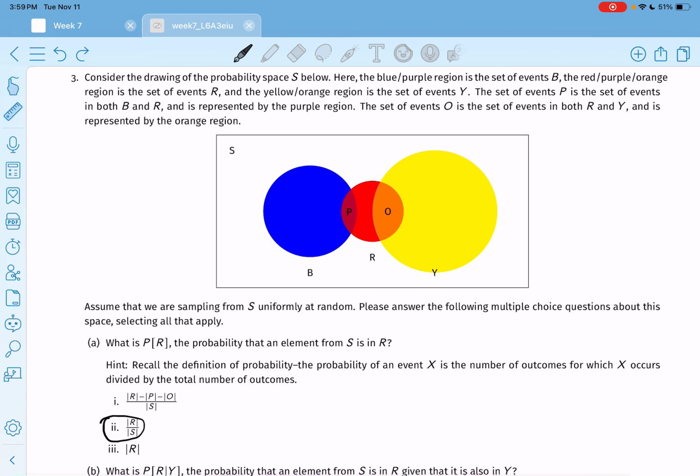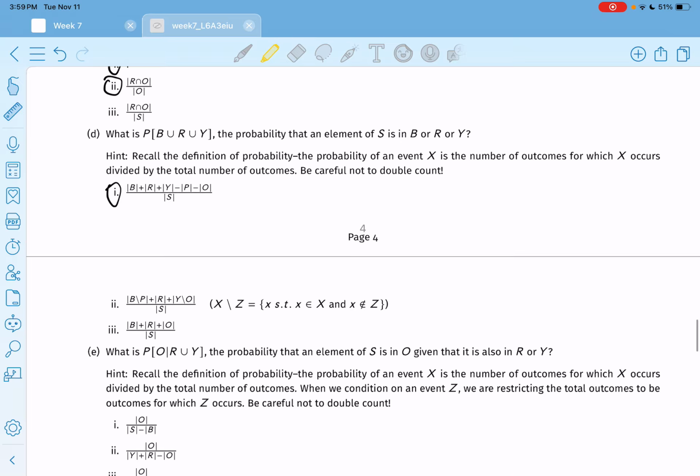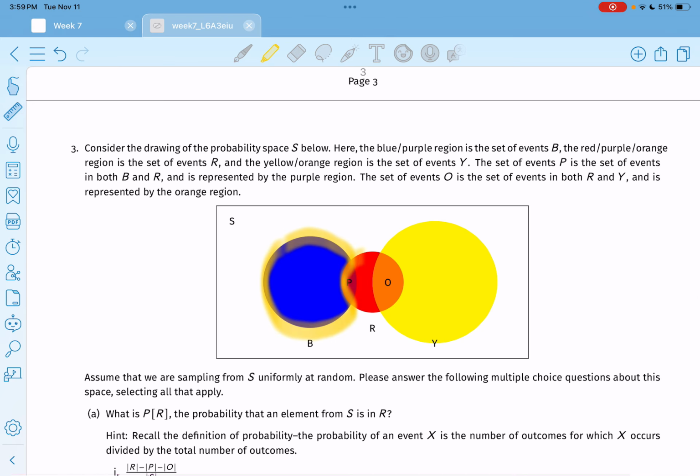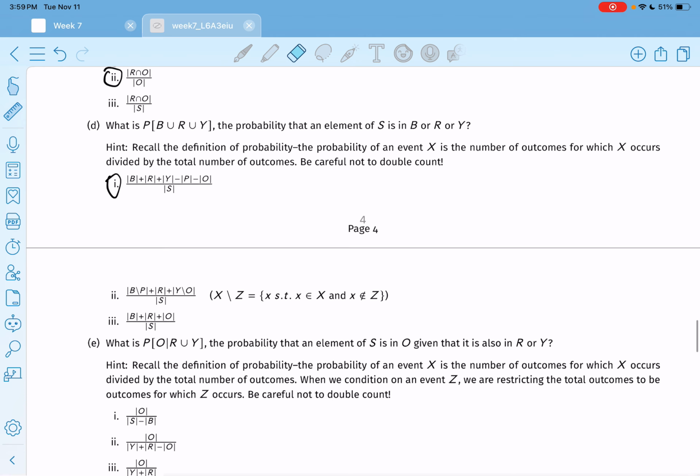The first part is this one, B, where we exclude the P. The second part is R, which is all of the red area, and the third part is Y, excluding O. So in this case, we got three areas that have no intersection, and we can just add them up without dealing with the overcounting. This gives us the final answer, which is 2. So both 1 and 2 are correct.